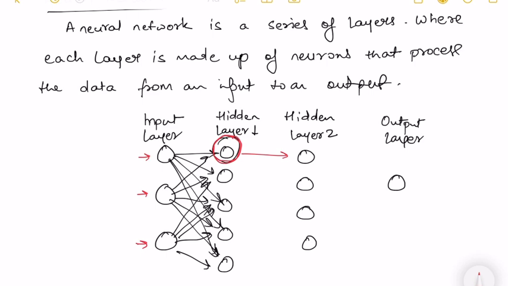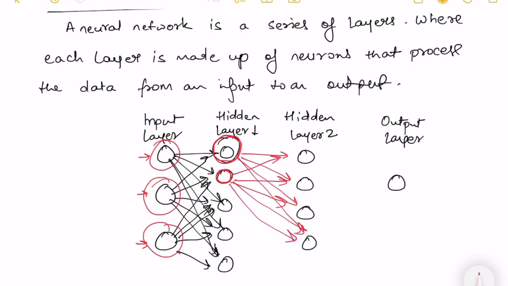This happens with each of the neurons. Similarly, the second neuron in the hidden layer will take inputs from each of the neurons in the input layer, perform the neuron action, which is the mathematical function that we saw a minute ago, and then the output is transmitted to every neuron in the following layer, right? So this is how a neural network is constructed.